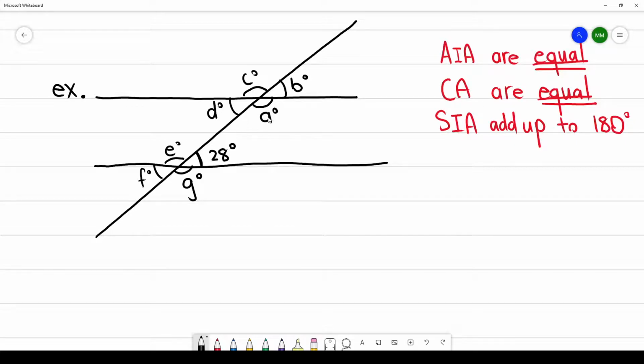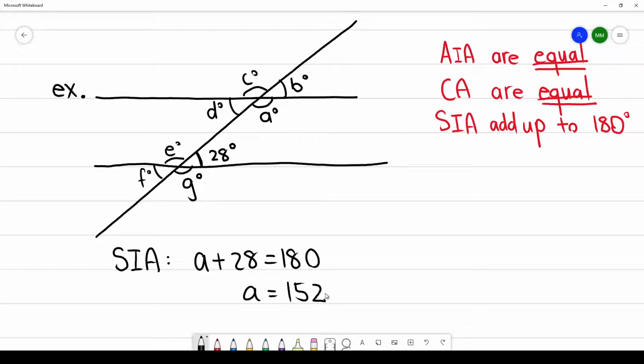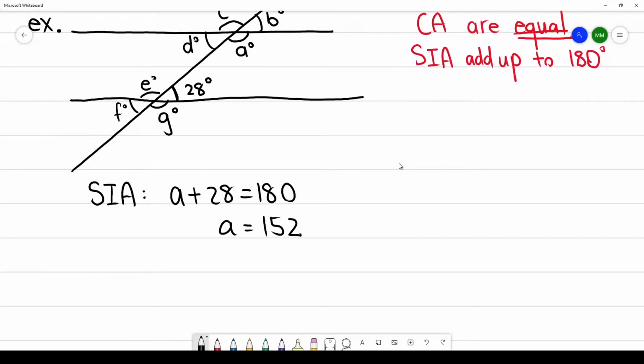So for example, let's just use A. By SIA, I get that A plus 28 is 180. So A is 152.